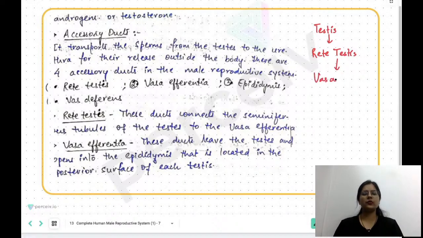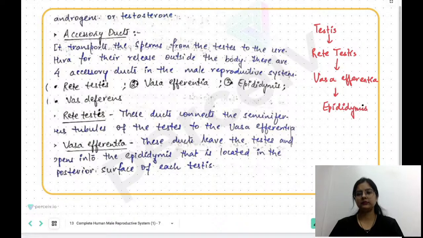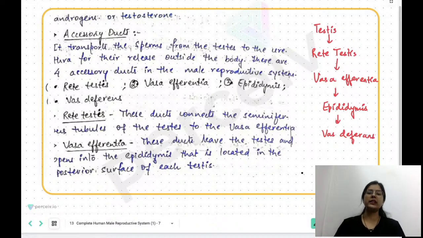Vasa efferentia को in some books it might be written as efferent ductules भी बोलते हैं उसको. So this is vasa efferentia, you can say. Then there is epididymis, very important. All right, and then there is vas deferens. This is the case. तो ये सीक्वेंस है.